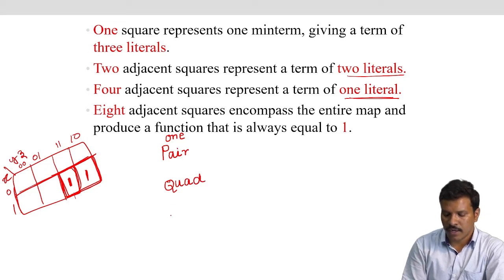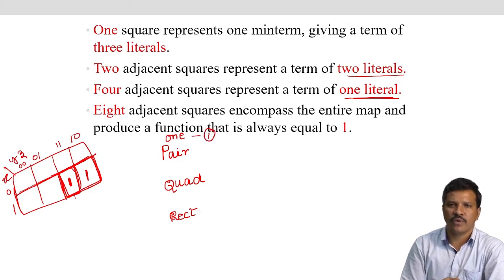And 8, we can call a rectangular in the 3 variable function. Rectangular. This one, no way we can take that circle, and it will come to 3 literals.